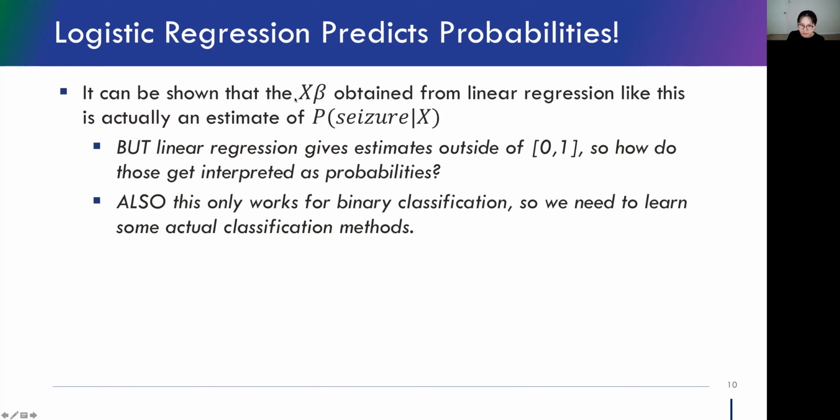But if you really use this x beta to estimate this probability, it can actually give you something outside 0 or 1, right? So how do you interpret them as probabilities once it's outside 0 and 1? Also, this case only works for binary classification. So we'll actually need to learn some classification methods for more general situations.